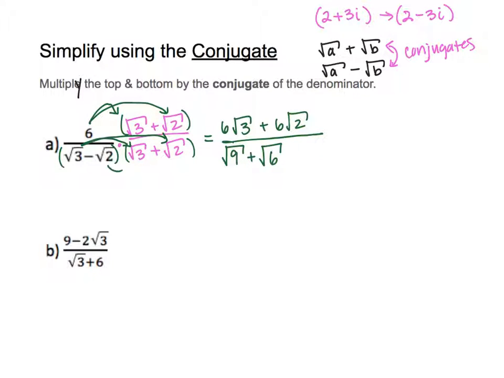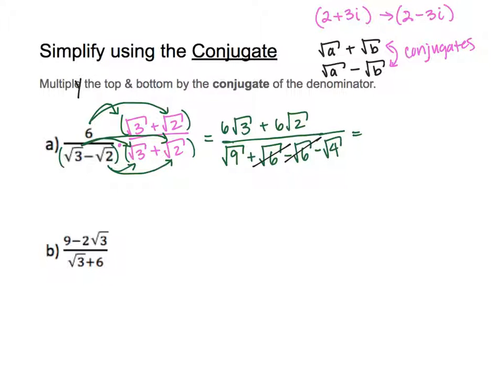And then I have the square root of 2 times the square root of 3, but this one's a negative, so negative square root of 6. Negative square root of 2 times square root of 2 gives me a negative square root of 4. So when I look at this and simplify the bottom, notice these two, they're both square roots of 6 and they're opposite in sign, so they cancel.